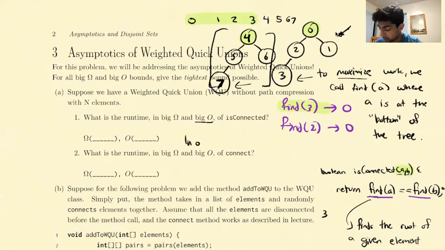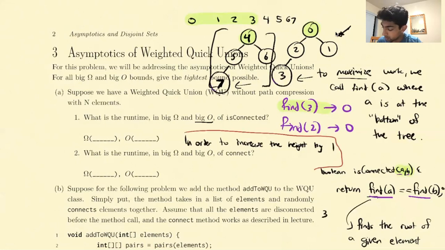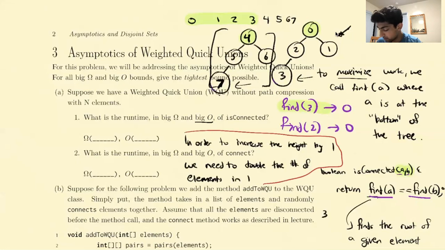So in order to increase the height by 1, we need to double the number of elements in the tree.